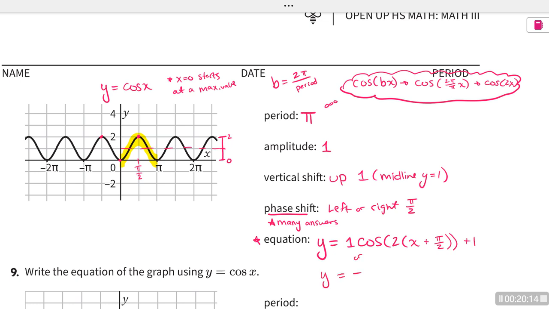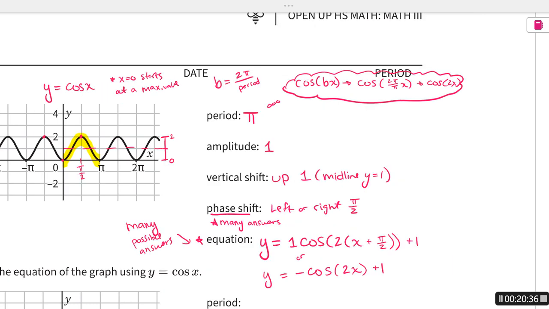In fact, you could actually do this one without a phase shift at all, if you reflect it vertically, right? So that would also be so many possible answers for that equation.